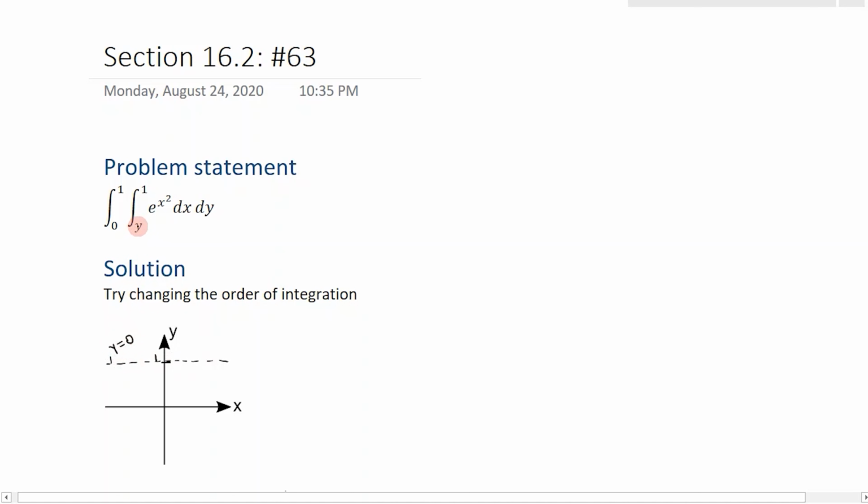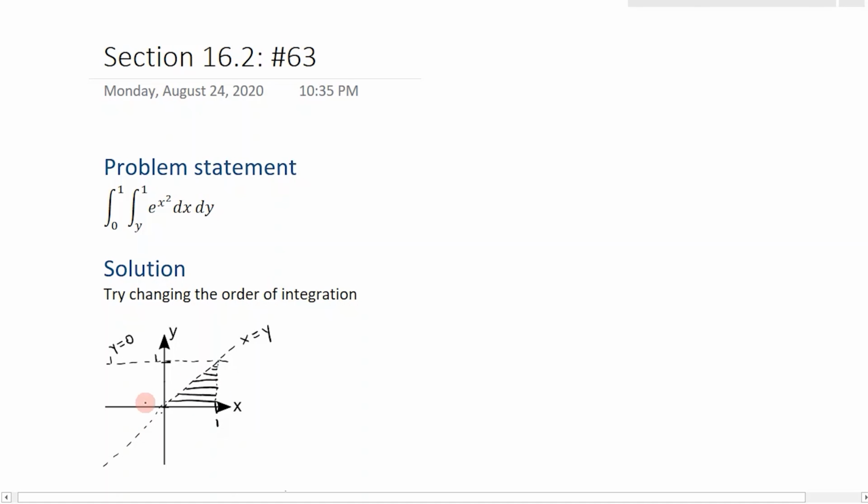And from x equals y to x equals 1. So this would actually intersect right here. So again, y going from 0 to 1, and for every value of y, we go from this line, x equals y, to x equals 1. So we integrate over this region.